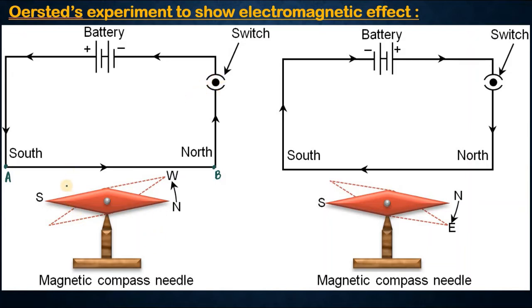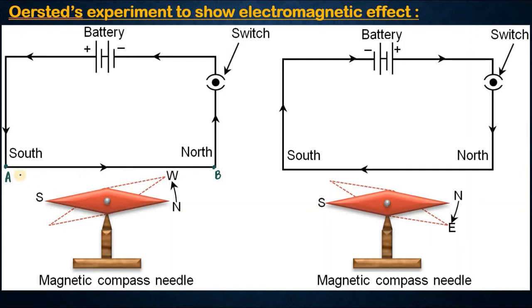Now, near that conductor, he placed a magnetic needle, also known as a compass. In this arrangement, when he switched it on, the current started to flow through the conductor kept near the magnetic needle.